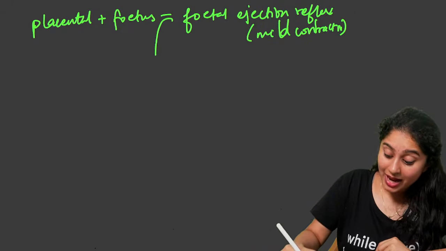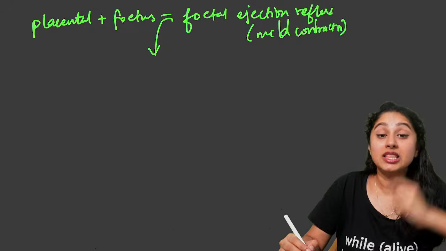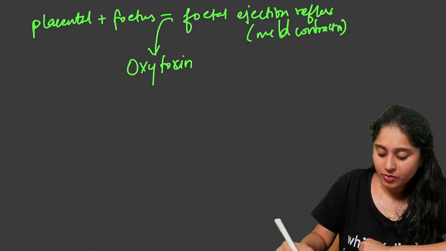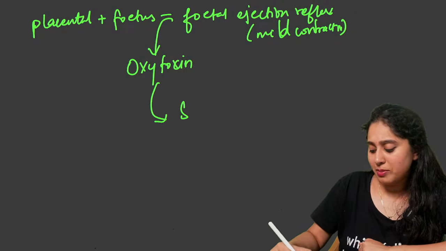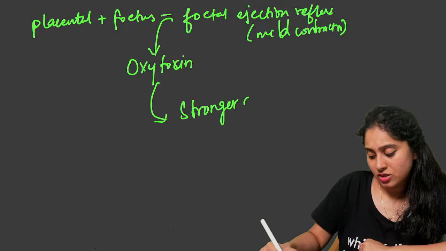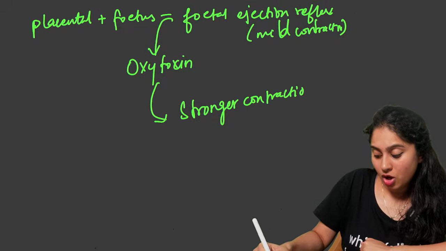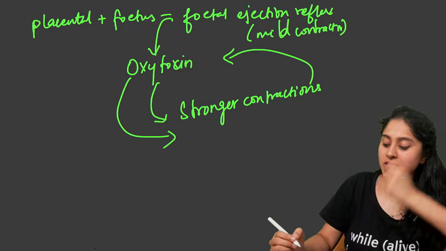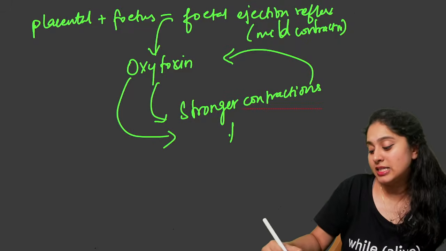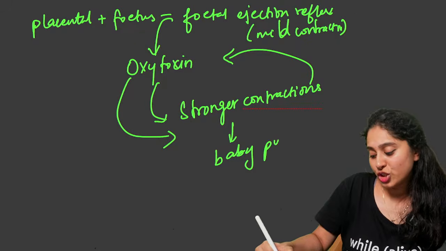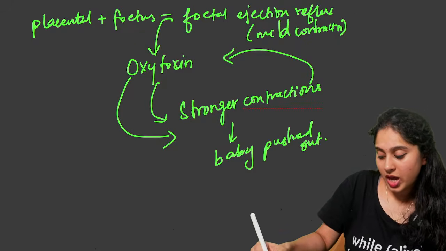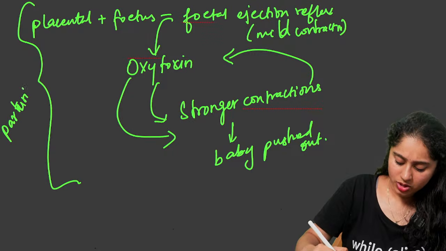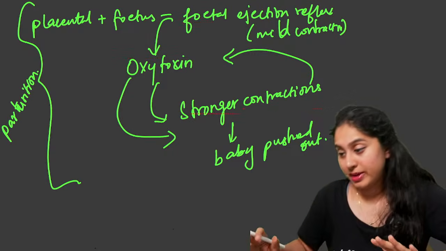Now looking at this reflex, the pituitary of the mother will start releasing oxytocin, and this oxytocin will make stronger contractions. The contractions will again tell the oxytocin, then oxytocin will make more contractions. This will repeat until the baby is pushed out, and this entire process is known as parturition, which is the birth of the baby.